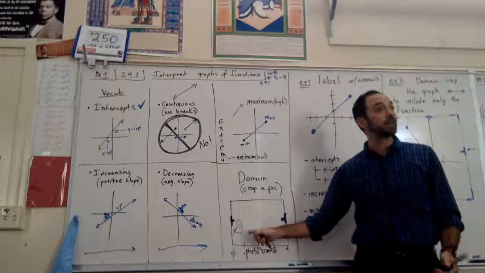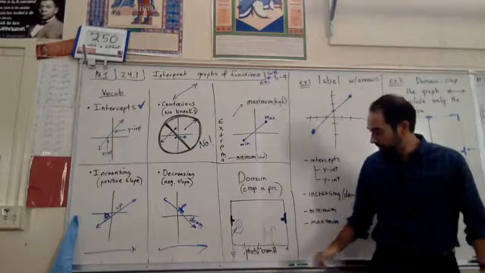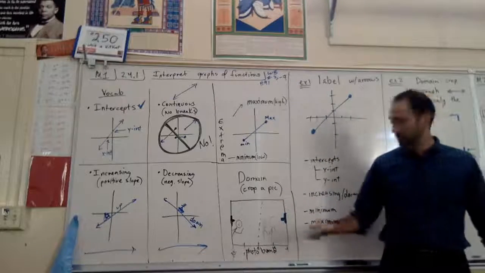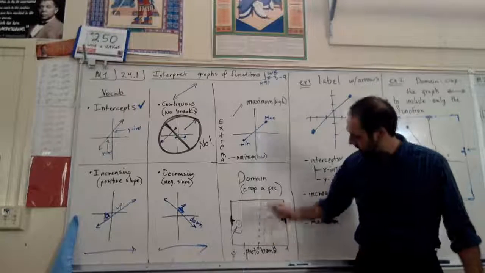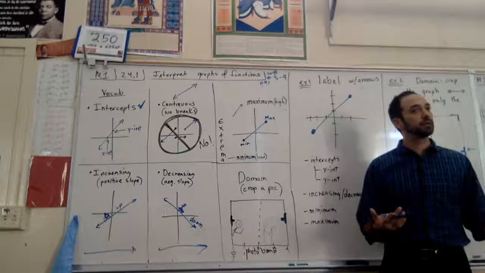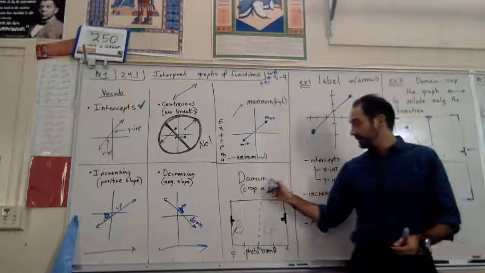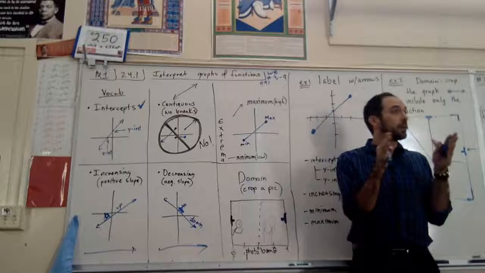So if I want to cut this guy out, what do I need to move this other boundary to? To 2. So crop it right here. That looks pretty good. Or you can do it at 1, or 2, or 1.5. That's there, so we'll keep it at 2. Now the domain, you're going to restrict it. The domain is like cropping the pic, and the domain is what we want to keep.